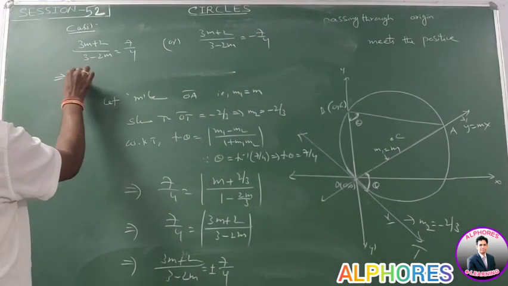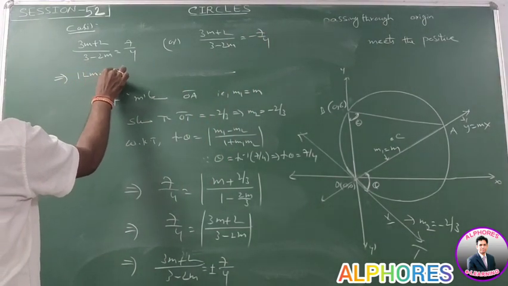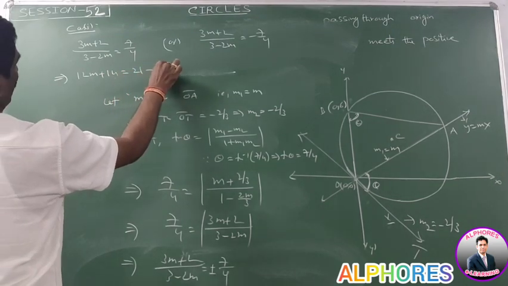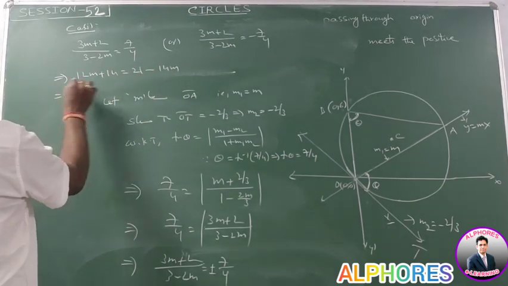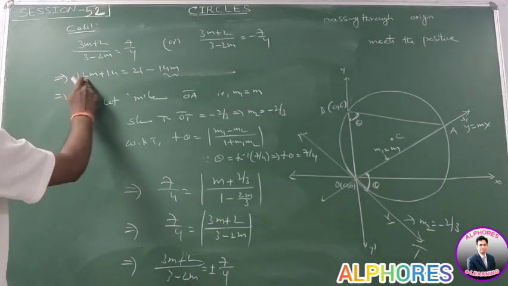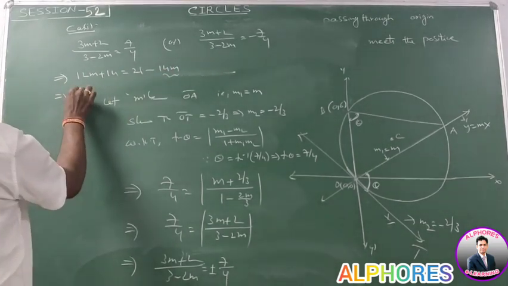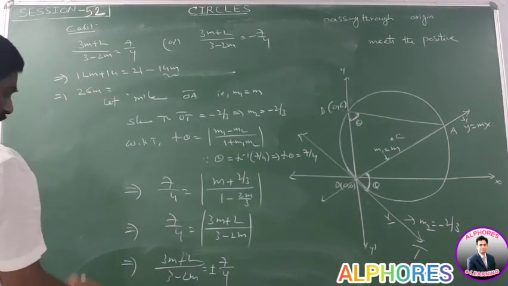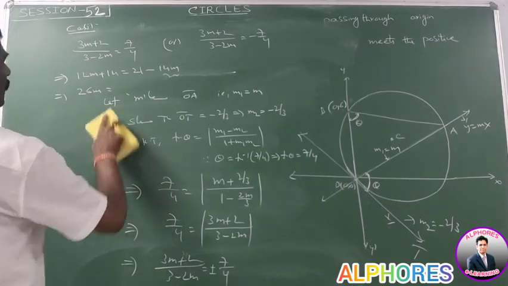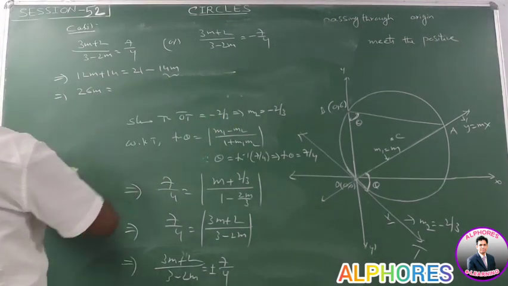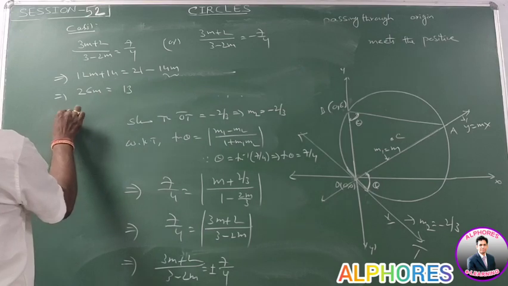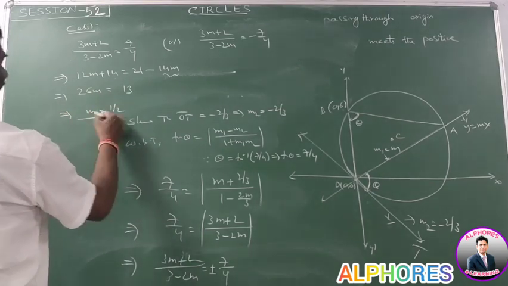After cross multiplication, we get 12m plus 8 is equal to 21 minus 14m. Okay, move this value to LHS. 12m plus 14m means 26m is equal to 21 minus 8, that means 13. That means m is equal to 1 by 2. It is the first case.